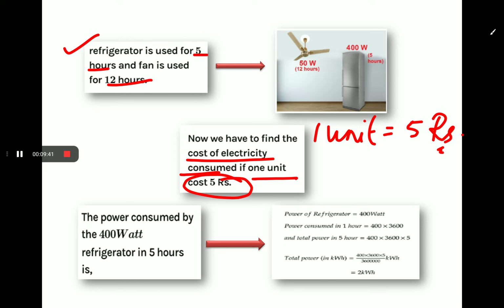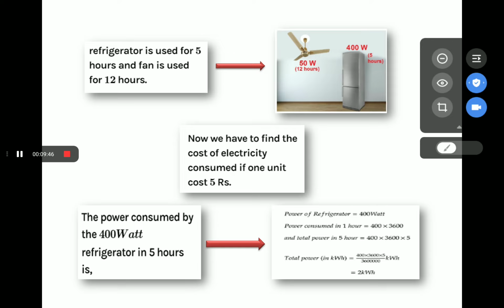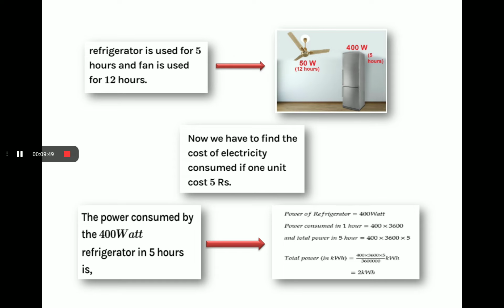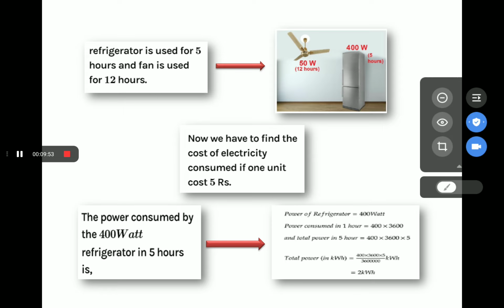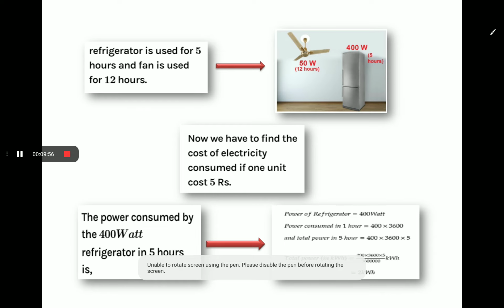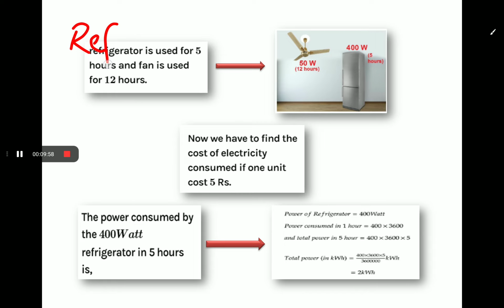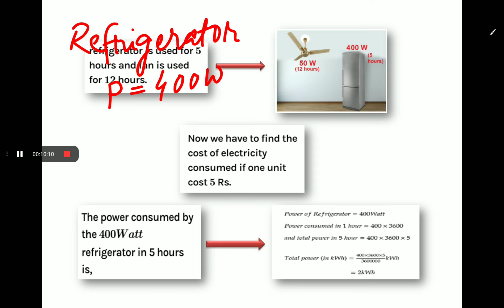Now, by a very simple calculation, for the refrigerator, the power is equal to 400 watt and it is used for a time of 5 hours.